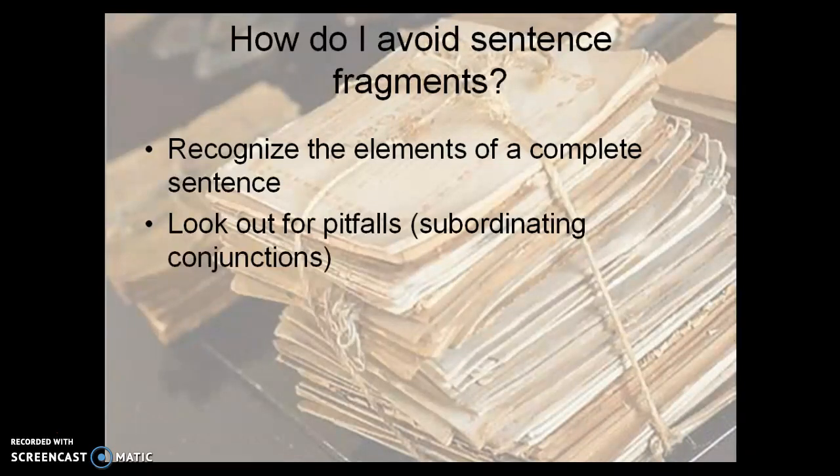So if you start a sentence with a word like "when," you know you're going to need more than just that clause. If I say "when I go to the store," that's not a complete sentence. I need to say "when I go to the store, I usually buy bread," or something like that. That would make it a complete sentence.